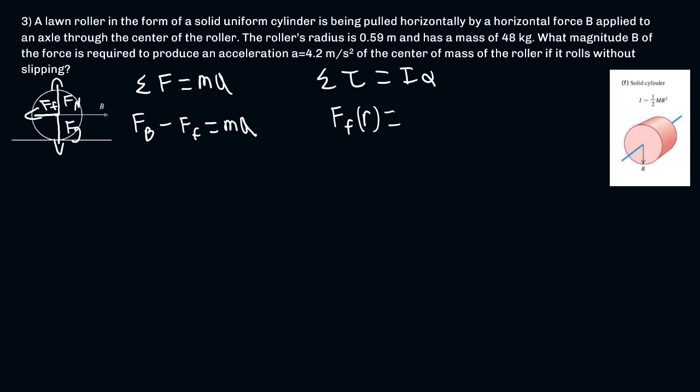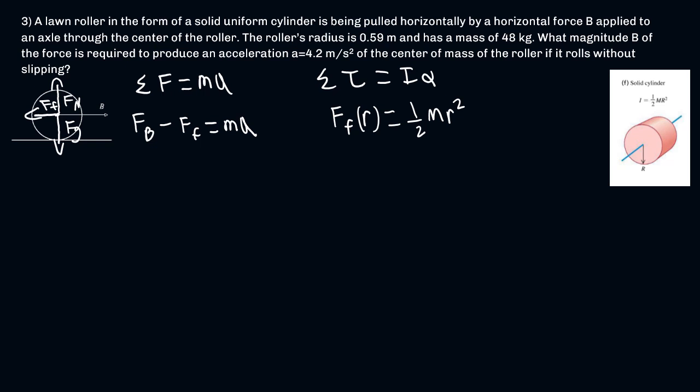That is given to me as 1/2 mr squared, and I have alpha. I don't have alpha, but we talked about this in a prior question. In order to not have another unknown here, how are we going to use alpha with what we know in order to actually find our answer?